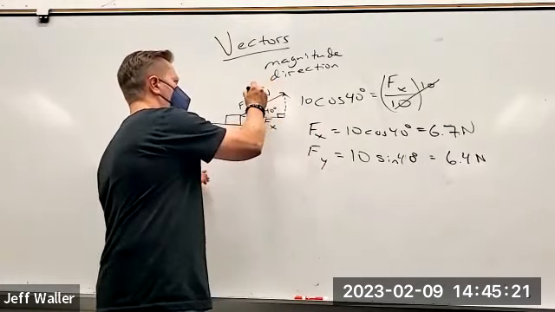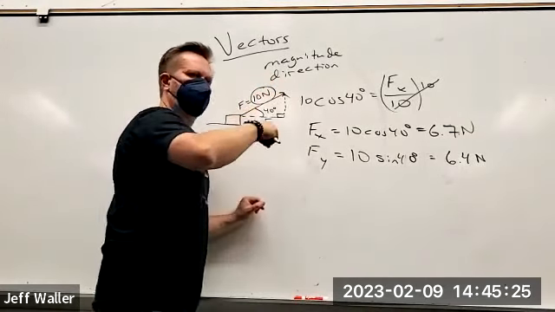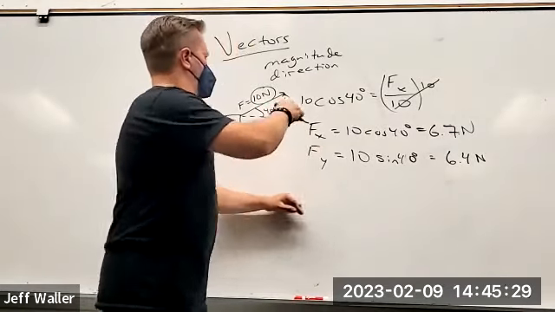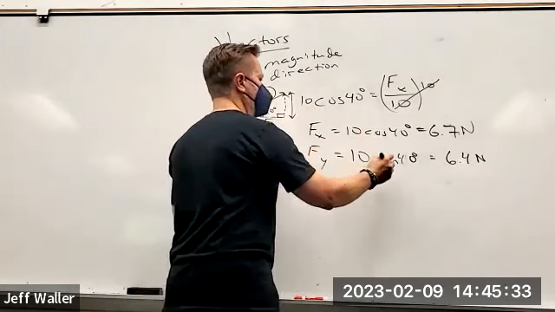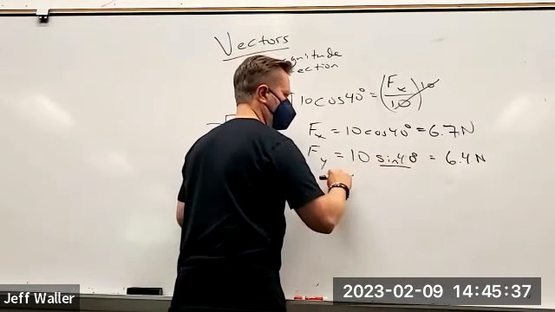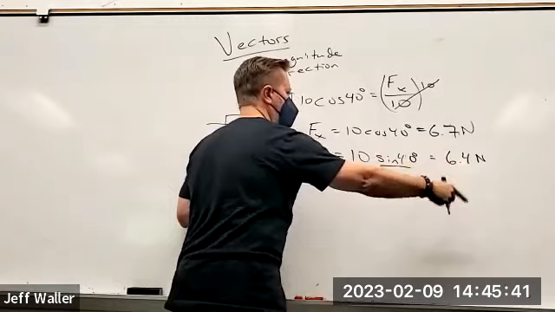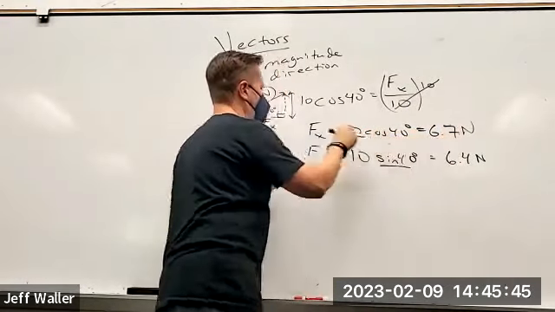If I know the full magnitude of the vector, could be a force vector, a velocity vector, whatever, to get the y piece, the sine is sort of like a percentage of the full amount that lies in the y direction. So if I take 10 times sine of the angle, I get the piece in the y direction. If I take 10 times the cosine of the angle, I get the piece that lies in the x direction.